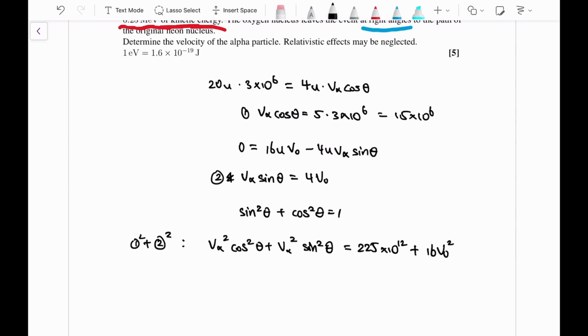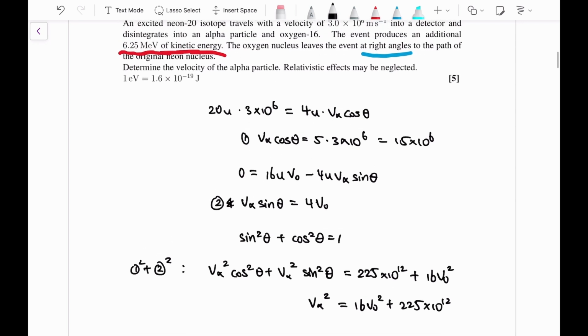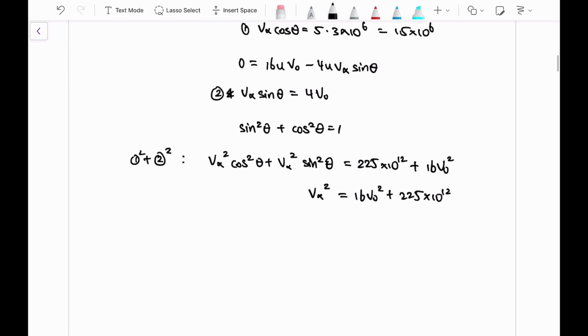And we can factorize out the V alpha squared, and then the sine squared theta plus cosine squared theta will be equal to 1. So what's left will be V alpha squared is equal to 16 VO squared plus 225 times 10 to the 12. Okay. And I don't think we can actually further simplify this, so we can look at the kinetic energies now.